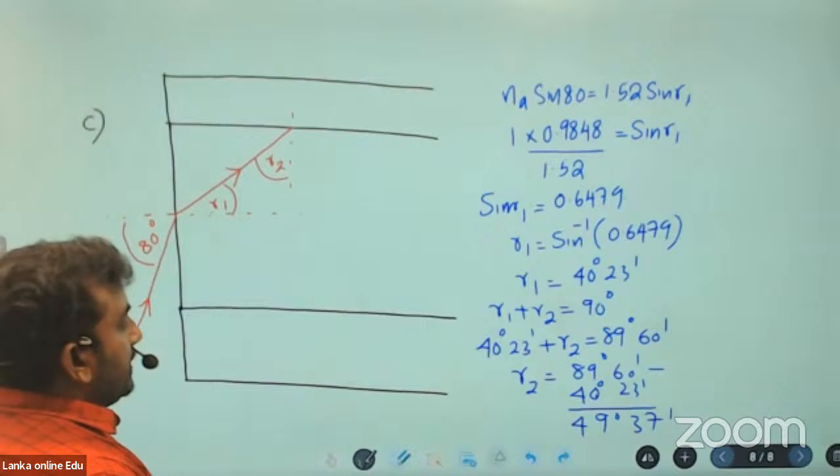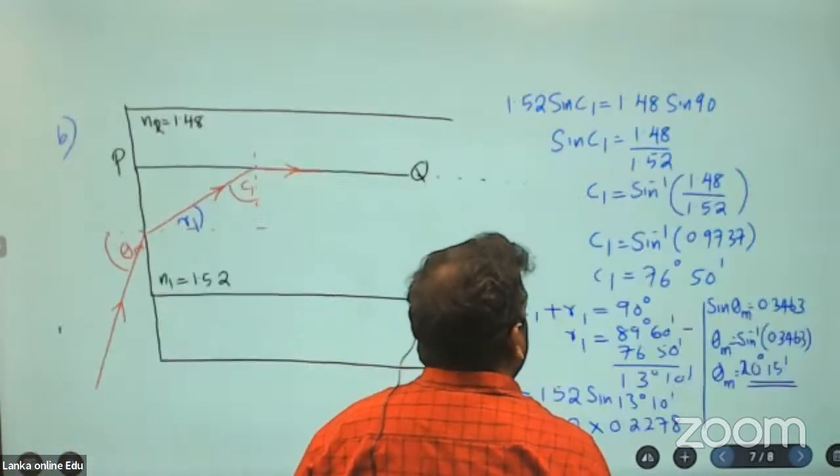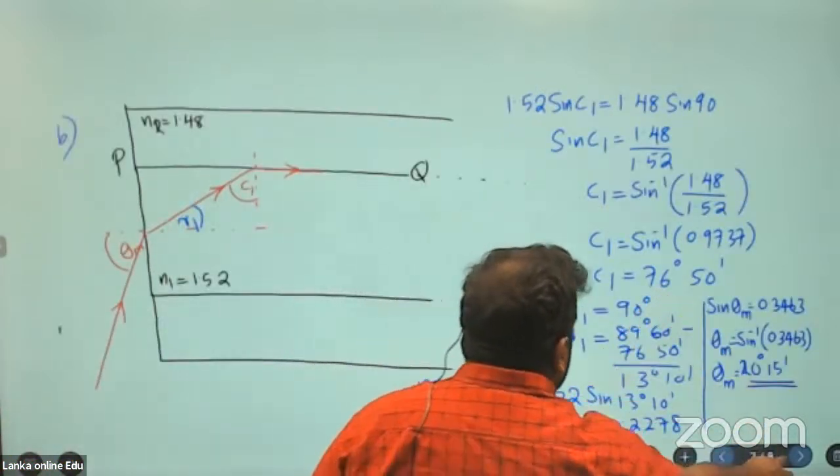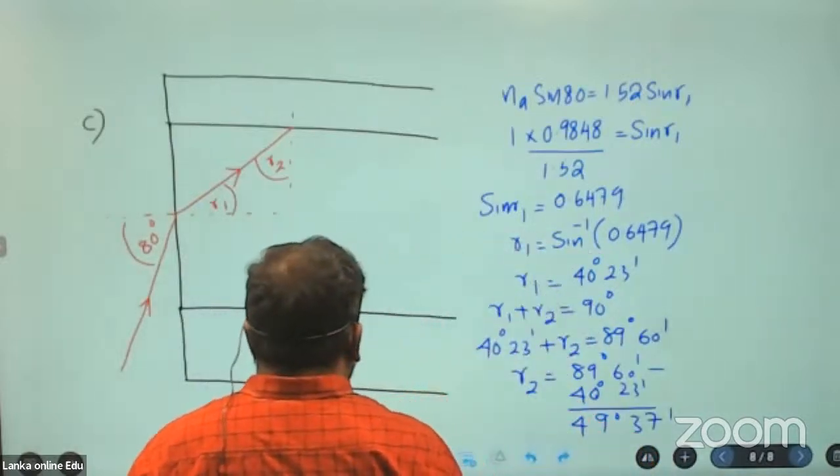What is 49 degrees 37 minutes? We know the critical angle here is 76 degrees 50 minutes.